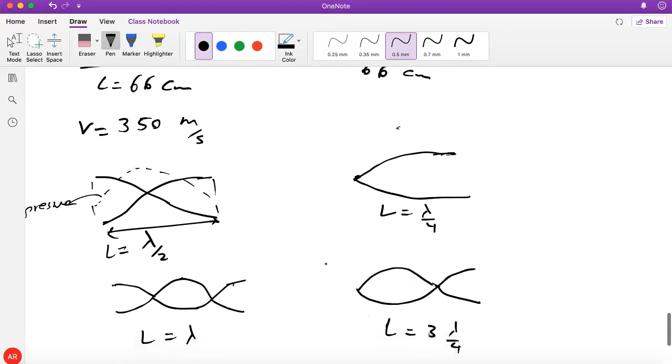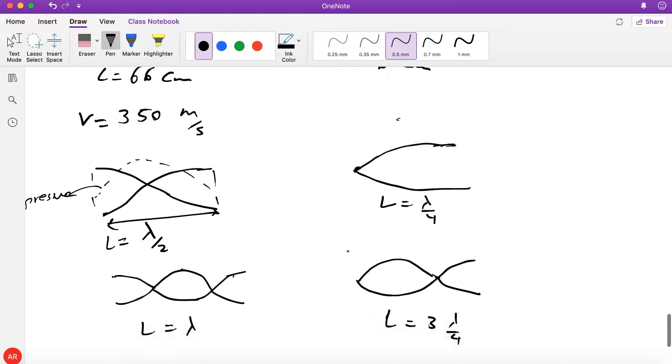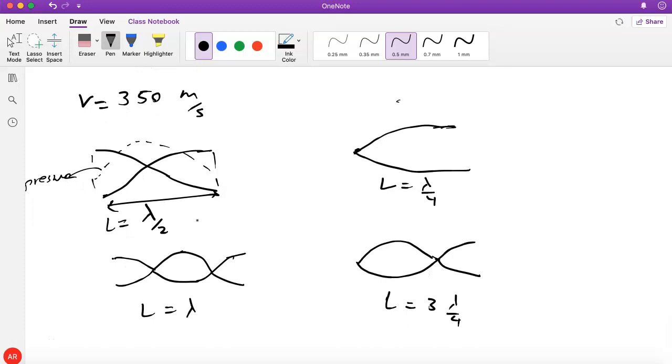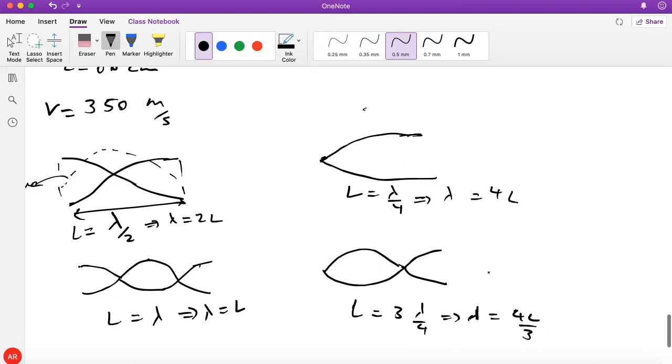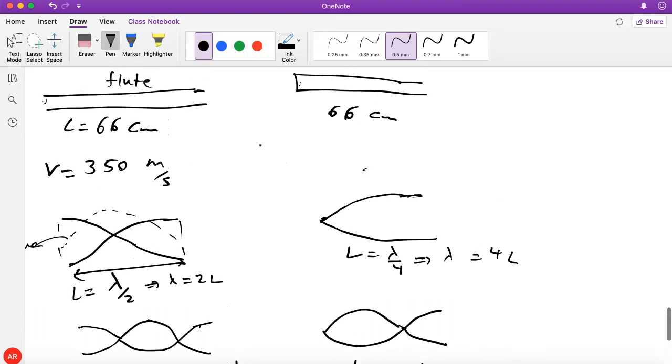All right, so we want to find the associated frequencies to all of these cases, right? So from here, lambda is 2L. From here, lambda is L. From here, lambda is 4L. From here, lambda is 4L over 3. Now, frequency, right? What's the relationship?